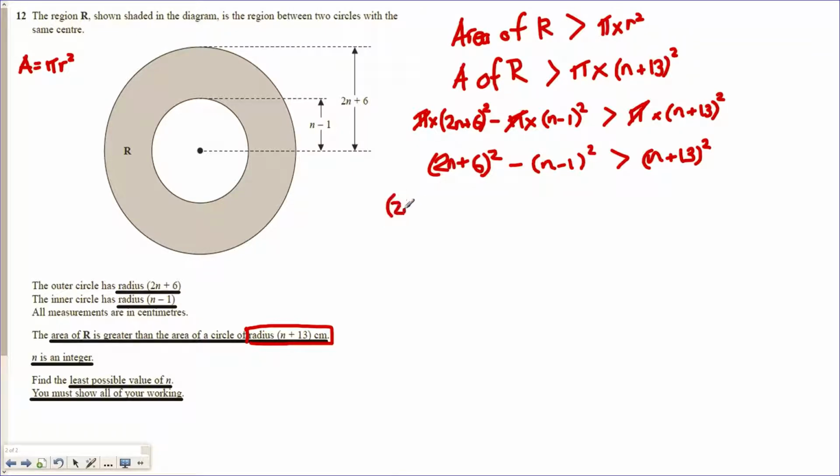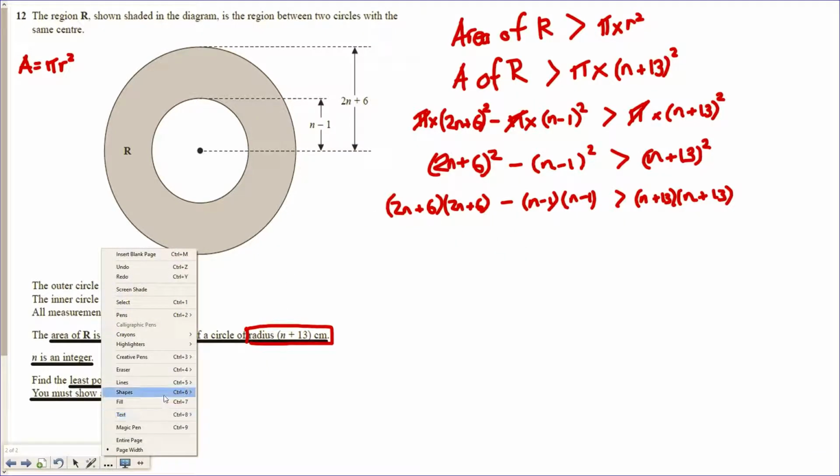So you're going to get 2n plus 1 in one bracket, and 2n plus 1 in another bracket, subtract n minus 1 times n minus 1, greater than n plus 13 times n plus 13. Now we're going to expand the double brackets. I'll use a different color pen for the expansion.